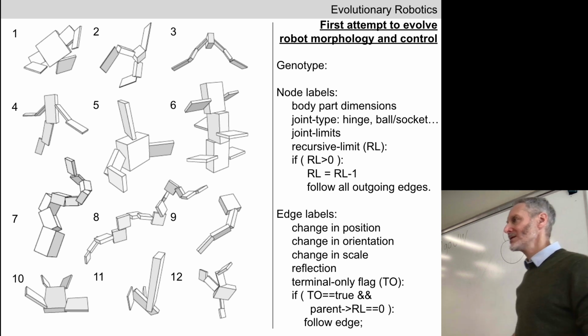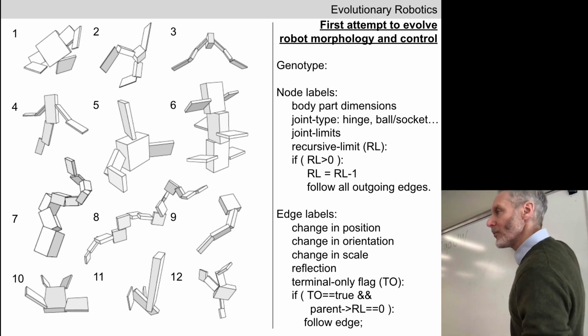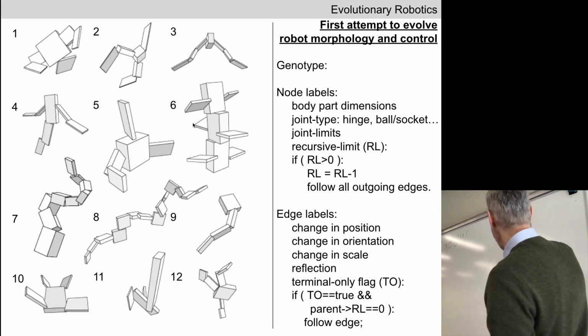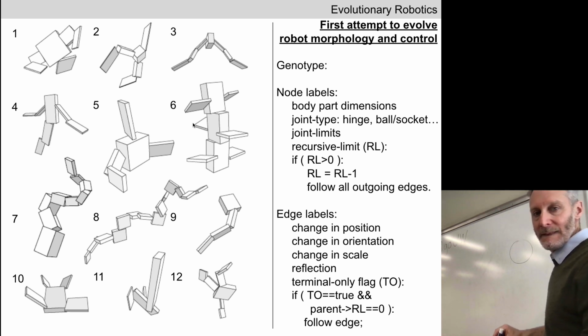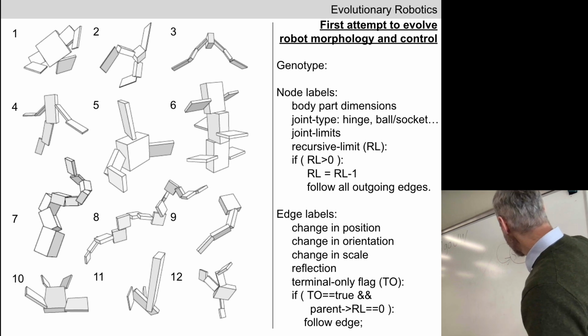Anyone tackle any other robots? What might be a genotype for number 6? How many nodes and edges? For 6, I thought you'd have, starting at the bottom center cube, that would be one node, and that loops on itself to make the 3 center ones. And then it has, I'll call this segment.